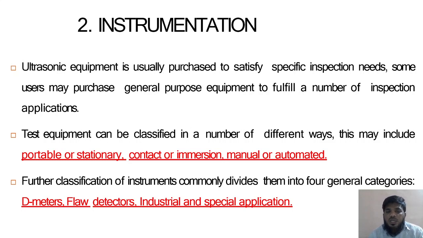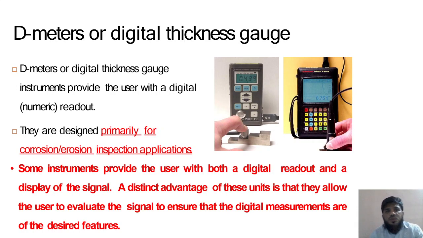Okay, the test equipment can be classified in a number of ways, that may include portable or stationary, contact or immersion, or manual or automated. Okay, so these are D-meters, that is nothing but digital thickness gauges. The D-meter or digital thickness gauge instruments provide the user a digital numerical reading output.